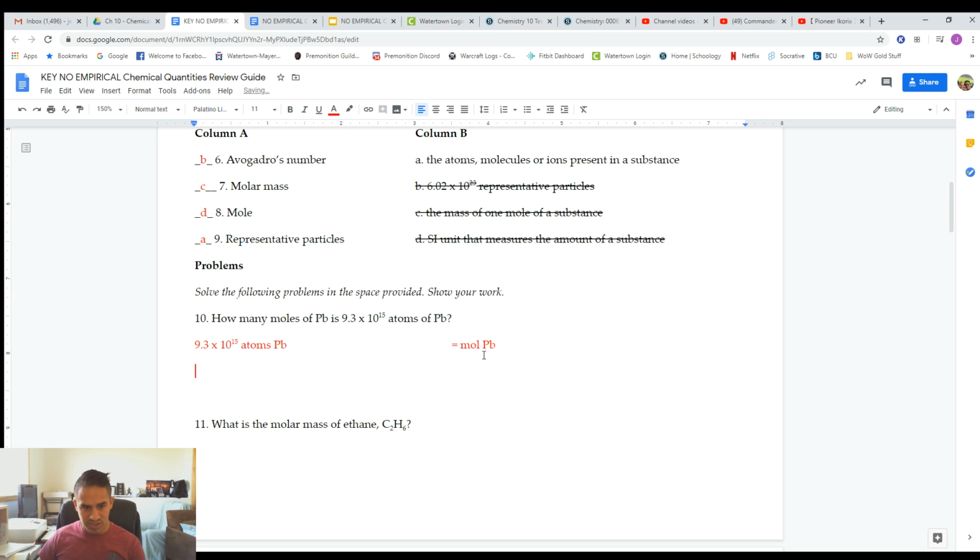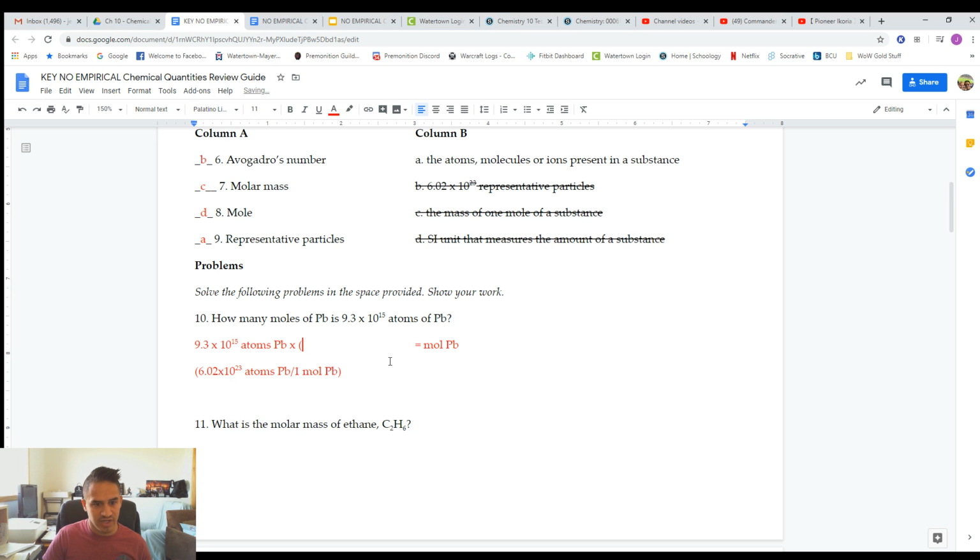The conversion factor we need to use for this is going to be Avogadro's number, so 6.02 times 10 to the 23rd atoms of lead is going to be equal to 1 mole of lead. Okay, so here's our conversion factor. To set this up, we want to cancel out atoms of lead and get into moles of lead.